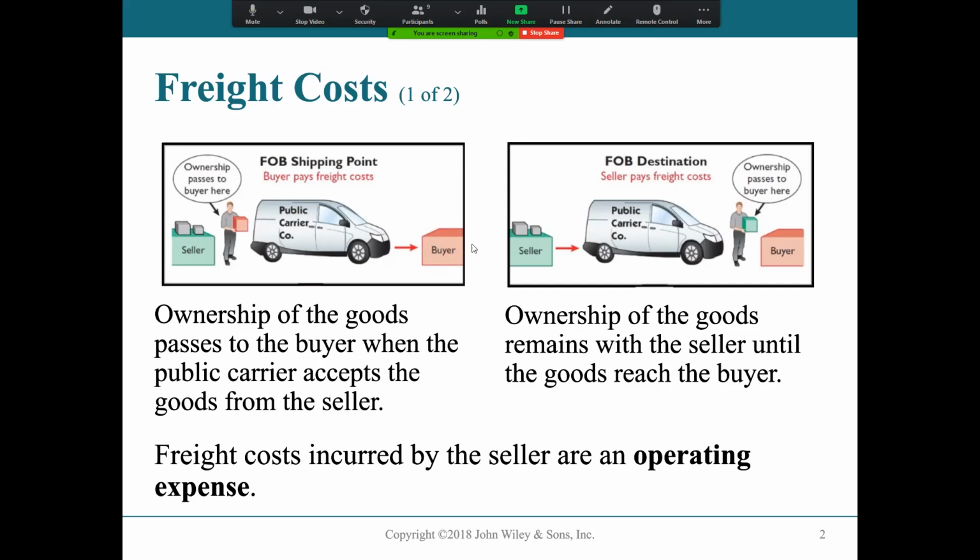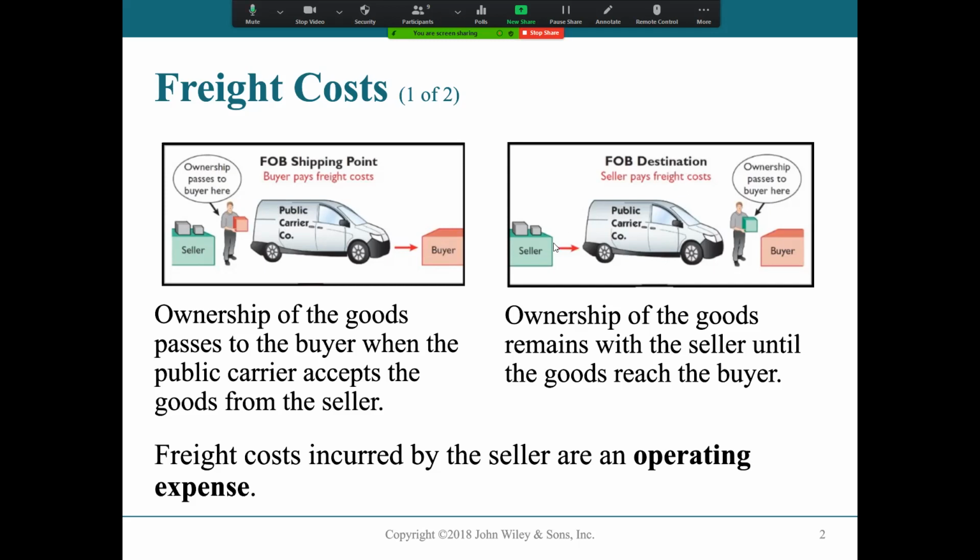Okay. The buyer, as soon as he gets word that it's been shipped, is going to debit their inventory account and credit their accounts payable account, because it becomes their property as soon as it's loaded on the carrier. Okay.